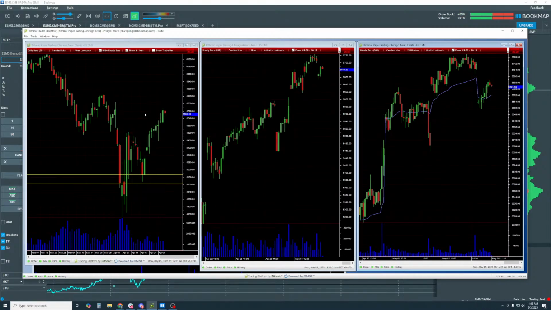We know that on the daily, at least, the buyers are in control. On the hourly, we had this pullback or gap, and we see some coming in on the hourly. I don't know, it's kind of mixed on the hourly because of the gap, and we're really right in the middle of the gap right now.